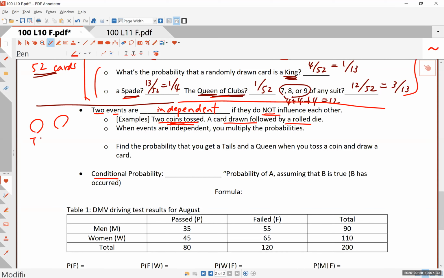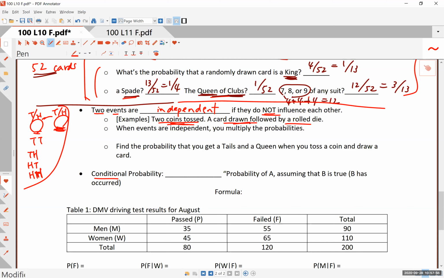And then you have tails, tails, tails, heads, heads, tails, and heads, heads, right? And so one coin is not influenced by the other coin. So these 2 coins are totally independent. That's what we mean by independent events. The first one could be tails or heads, and the second can also independently be tails or heads. So those are 2 independent events.